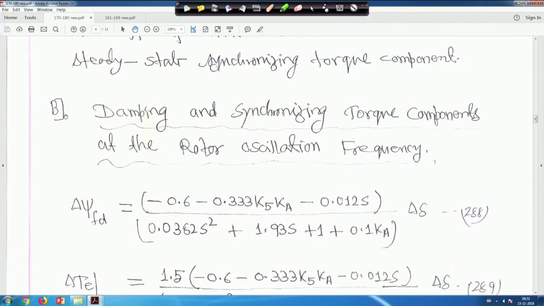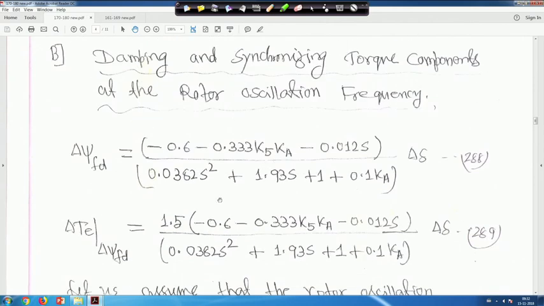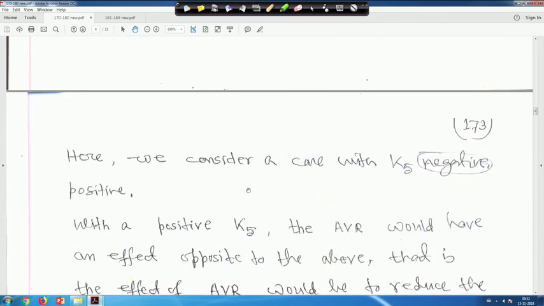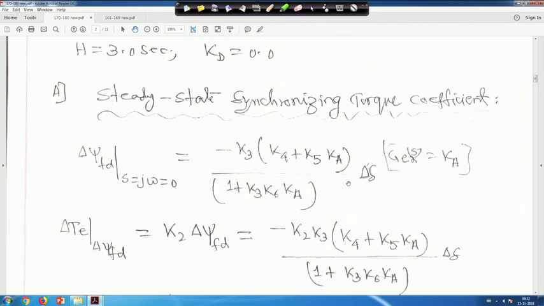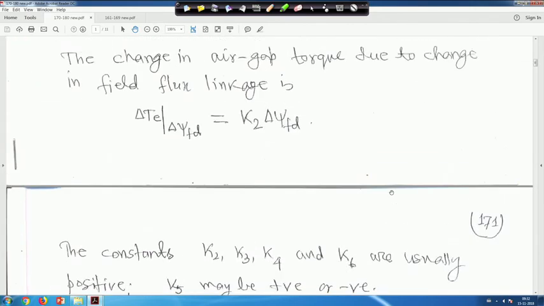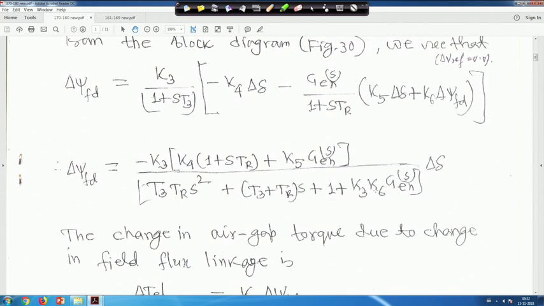So, next is B, damping and synchronizing torque components at the rotor oscillation frequency. Now, in this equation you put S equal to j omega, and put all the values of K1, K2, K3, K4, K5, K6, and Gx equal to Ka, with S equal to j omega.